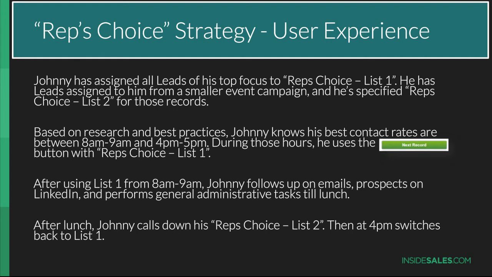So here's an example over the course of 8 weeks of what it might look like. In this example, Reps Choice list 1 is an 8-touch cadence over 12 days. And we are assigning all of our campaign XYZ records to list 1.